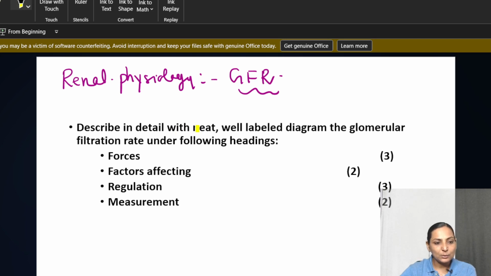Describe in detail with a neat well-labeled diagram the glomerular filtration rate under the following headings. Once it is under the following headings, it becomes very easy how to write the answer. The forces, which are around 3 marks, factors affecting 2 marks, regulation 3 marks and measurement 2 marks.